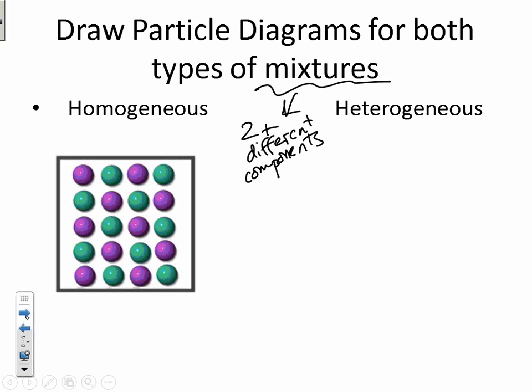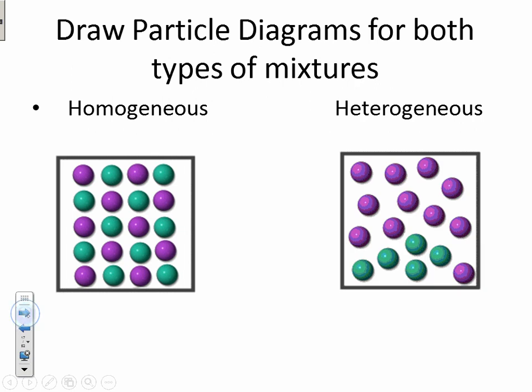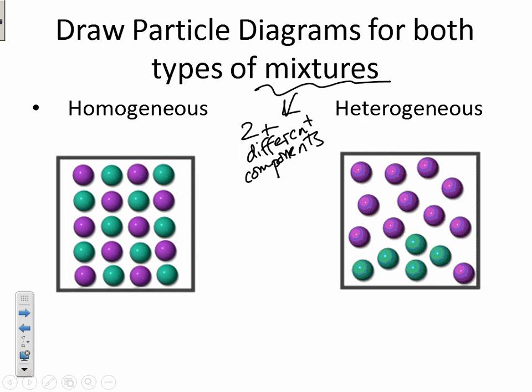A homogeneous mixture might look something like this, versus a heterogeneous mixture might look like that. Notice that in each of these, I do in fact have two different components, the green and the purple, and that's enough to make it a mixture.